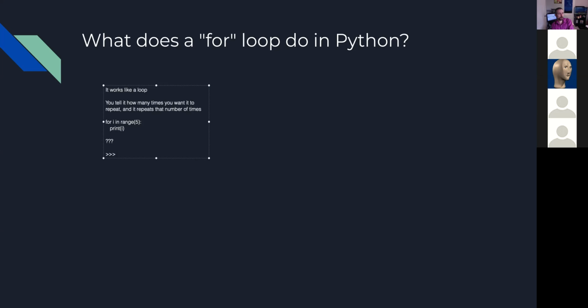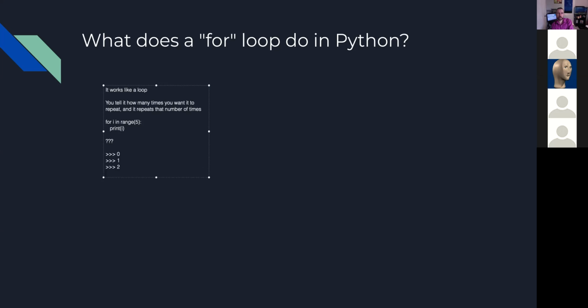Well, what's the first number that Python always uses, like in a list? It uses 0. So it will print 0. And then the second time through, what will it print? It will print 1.